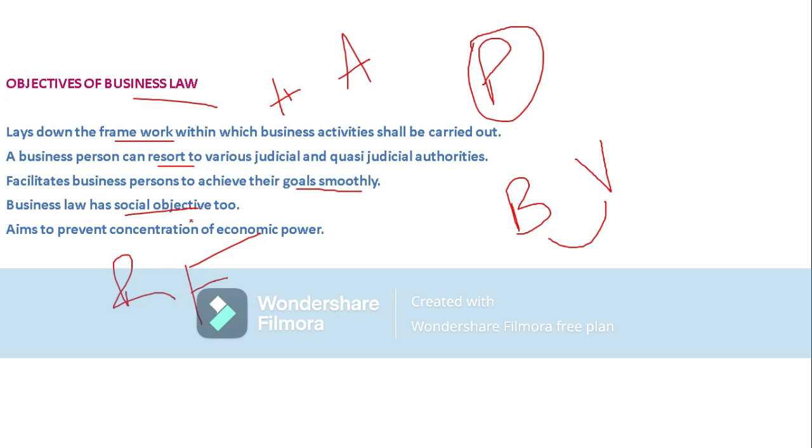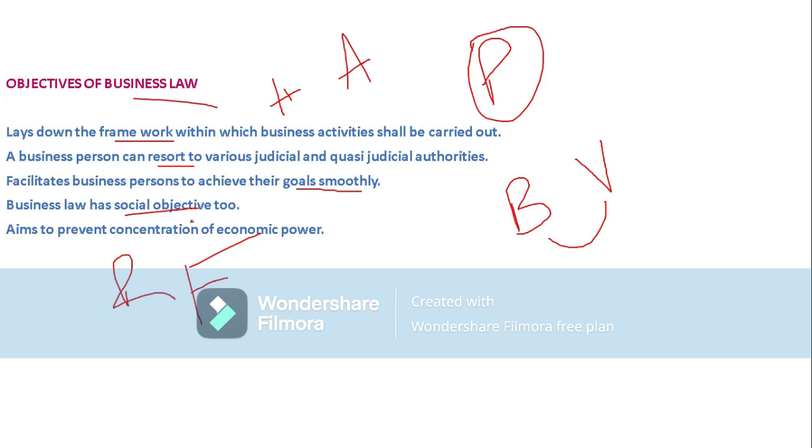For example, take anti-competition laws. With heavy competition in the society, in the market, businessmen may go for other aspects. It means that they may not go legally, or they may not go fairly in order to achieve competition in the market.